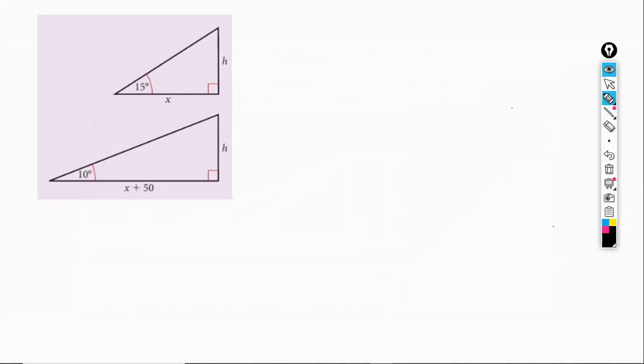So for this first one, we know that tangent of 15 is equal to h over x. Therefore, the height, which is what they want us to find, is equal to x times tangent of 15.